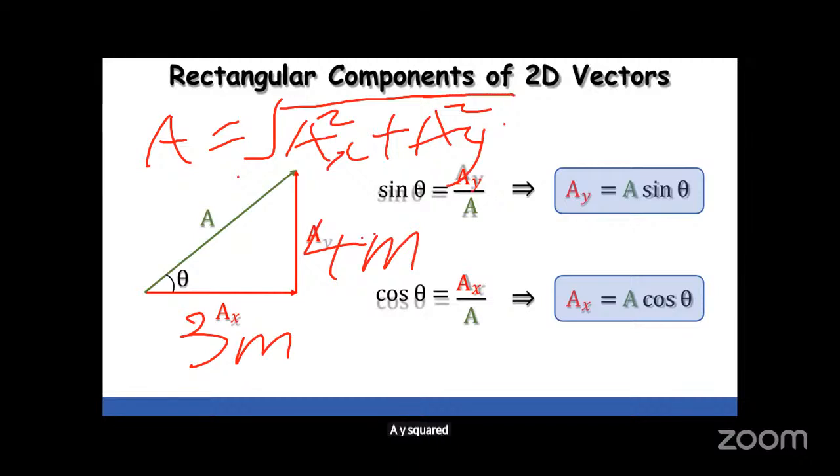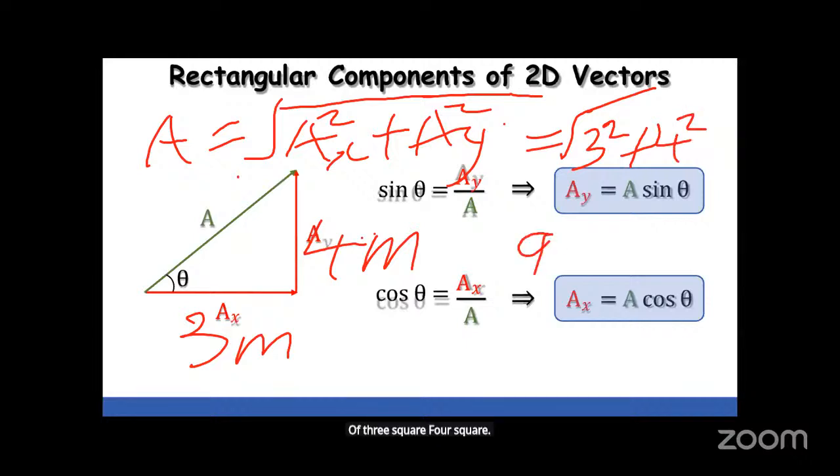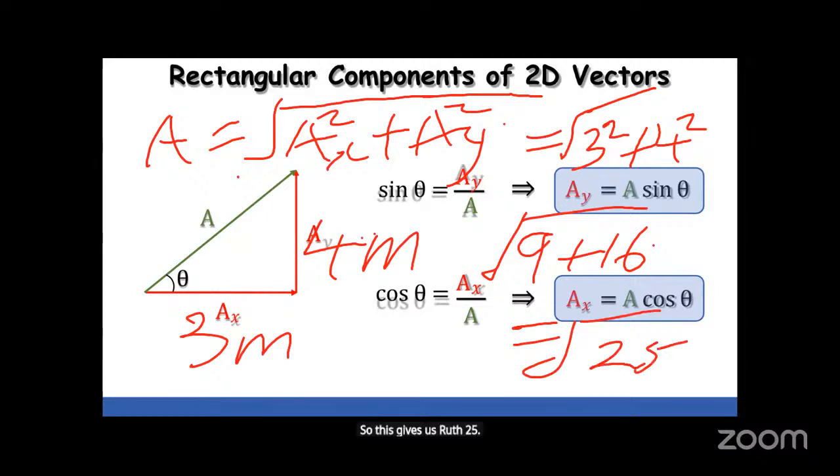If you remember your elementary Pythagoras theorem, use that method to find your A. So this will be the square root of 3 square plus 4 square. 3 square is 9 plus 16. 4 square is 16. So this gives us root 25. So the square root of 25 is equal to 5.